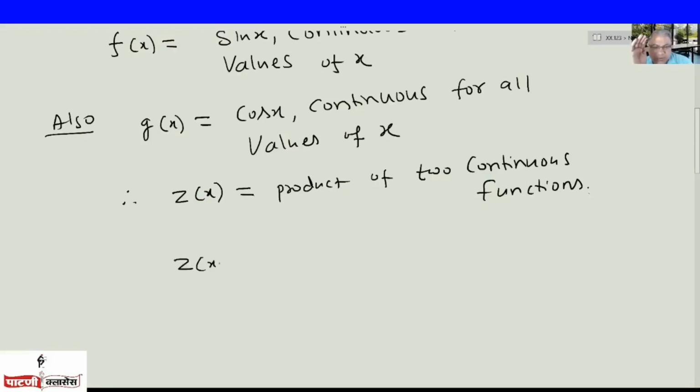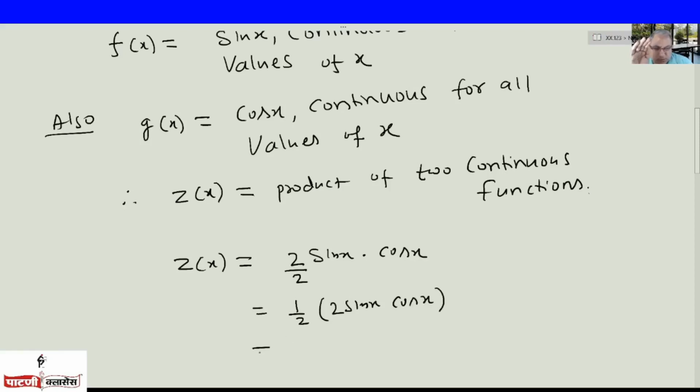Since z of x equals sin x multiplied by cos x, multiplying and dividing by 2, so 1 by 2, 2 sin x cos x equals 1 upon 2 sin 2x. So z of x equals 1 upon 2 sin 2x.